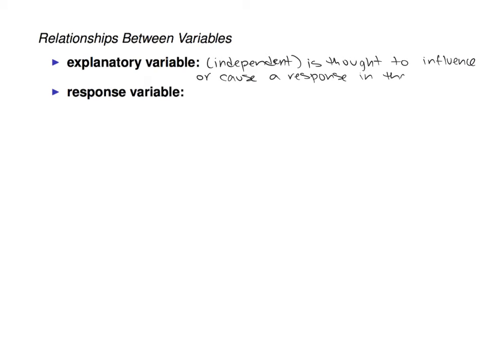Now, the explanatory variable, which some other books call the independent variable, is thought to influence or cause a response in that variable, as in the response variable. And that variable, the response variable, is sometimes referred to as the dependent variable.